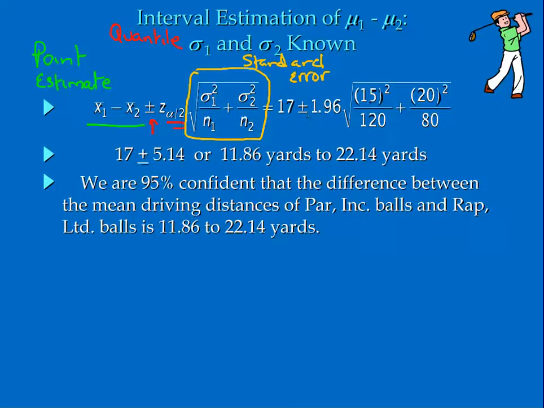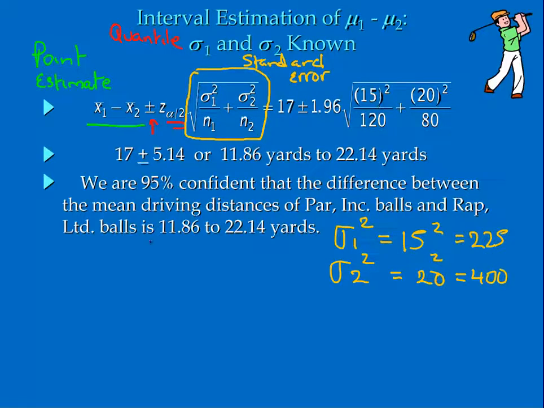Now, if you recall, we were told earlier that sigma 1 was 15 and sigma 2 was 20. Just remember to square them, because we're dealing with variances here. Sigma 1 squared, sigma 2 squared. So we're interested in these two values here. That's 225 and 400. Now, we're doing a bit of calculator work here.